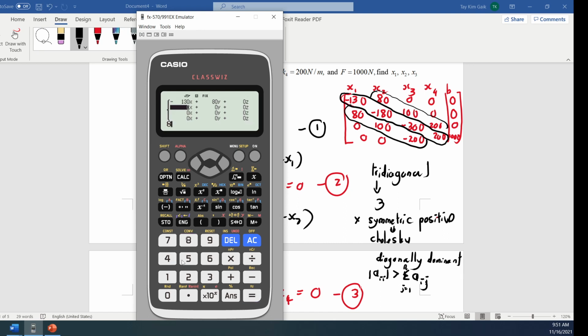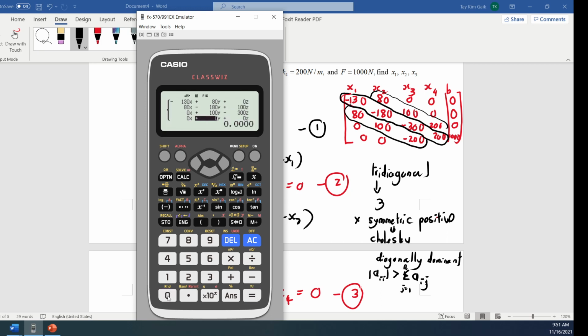And then this is 80, negative 100, 80, 100, 0, 0. Third row: 0, then you have 100, negative 300, 200, 0.